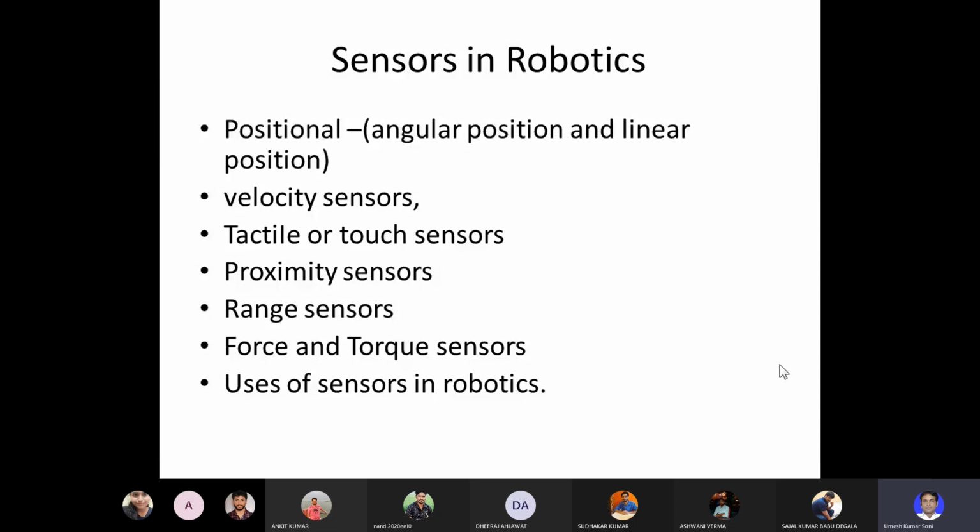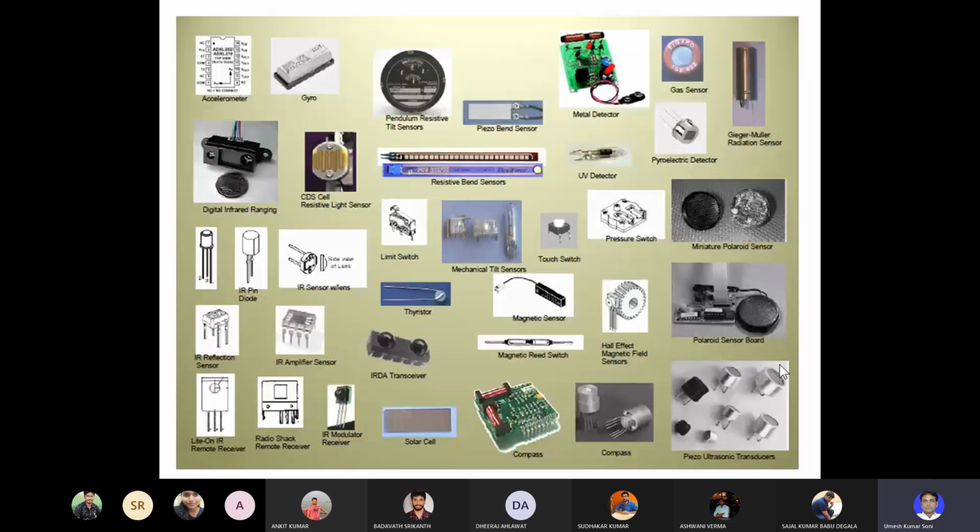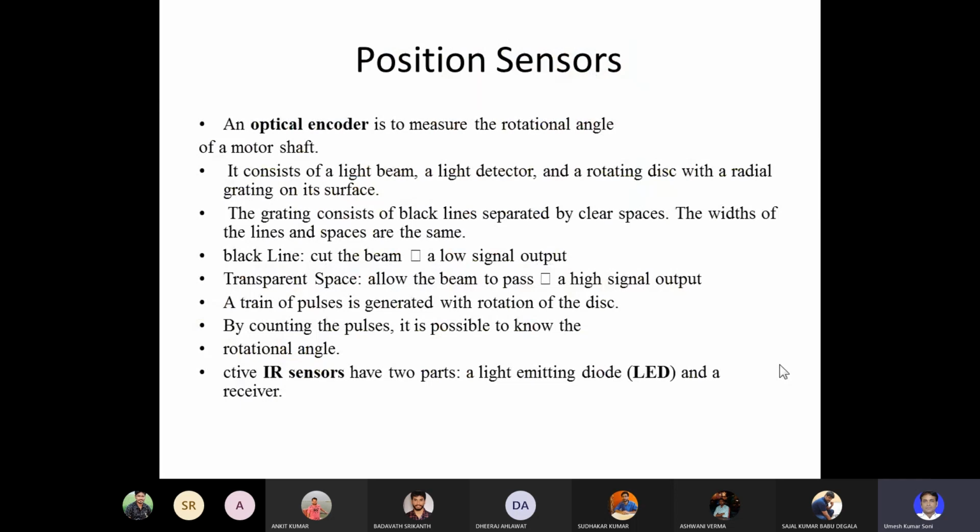For this, pulse to voltage generation or frequency to voltage converters may be necessary, and different logic or analog circuits may be necessary for calculating the speed from the position sensors. So a large number of sensors are used in different fields, and robotics is a field where these sensors are used.